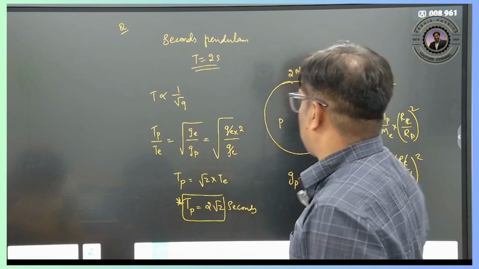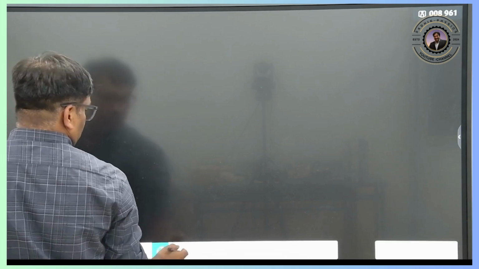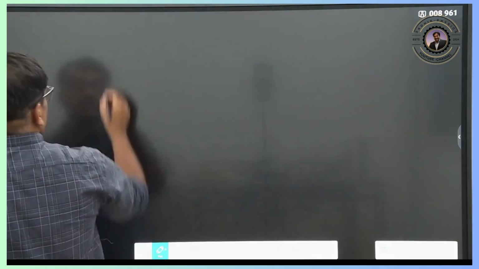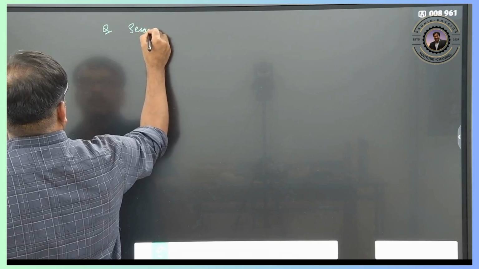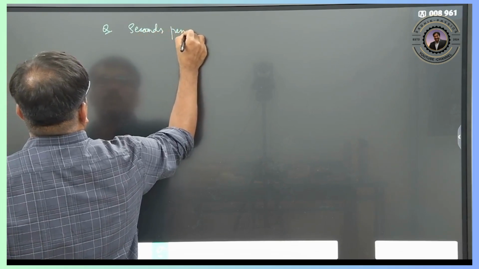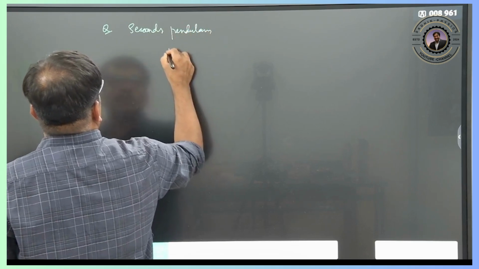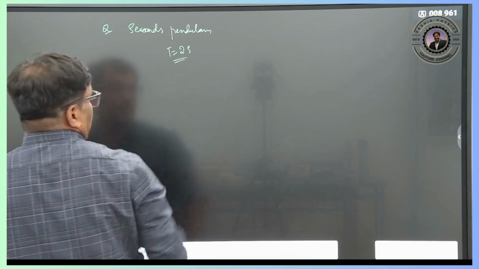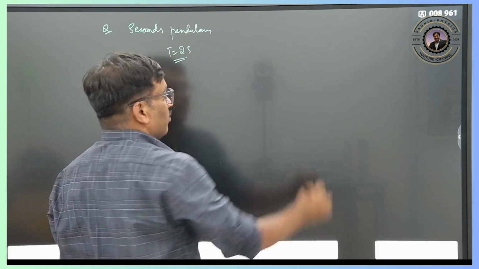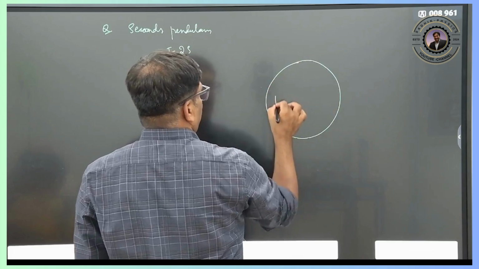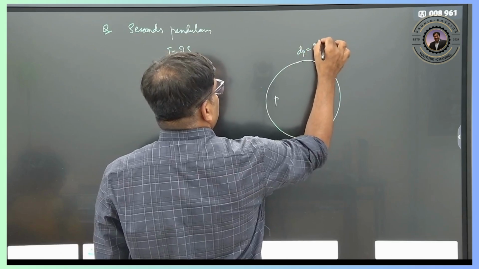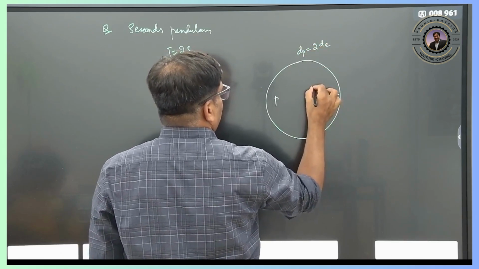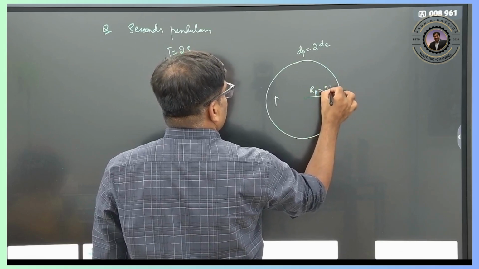Same type of question. One more question we'll see. With the same seconds pendulum, whose time period is equal to 2 seconds, we are going to take it to one planet, whose density is twice the density of the earth, and whose radius is twice the radius of the earth.